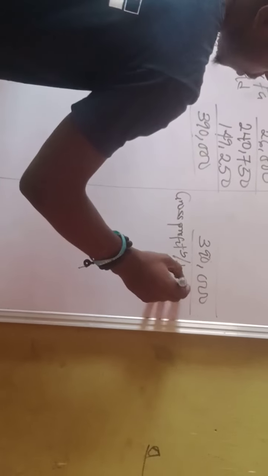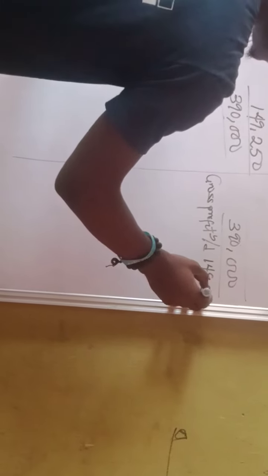So you have gross profit brought down, 149,250. Is there any income items?